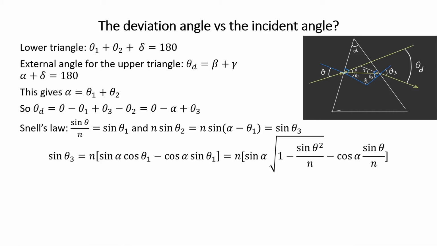Noticing here that I have factored out n, I can simplify this relation like this. Sine of alpha times square root of 1 minus sine of theta squared over n minus cosine alpha times sine of theta over n.